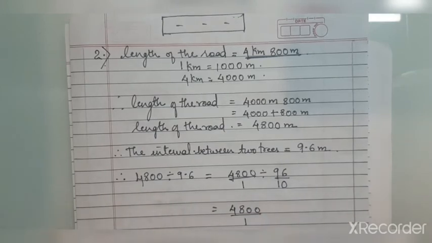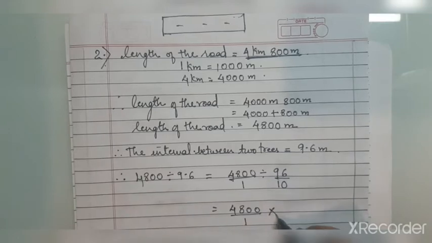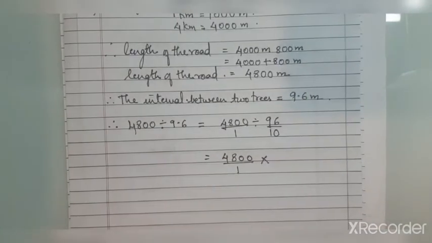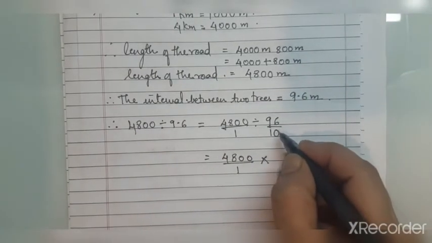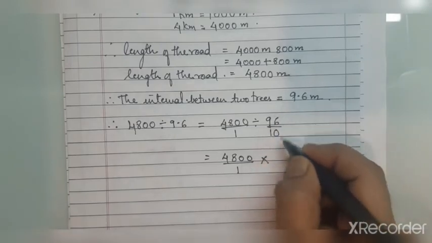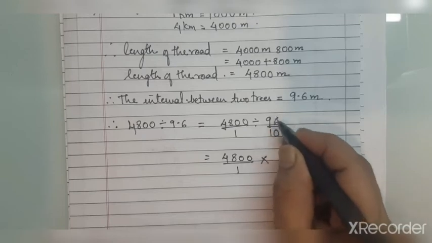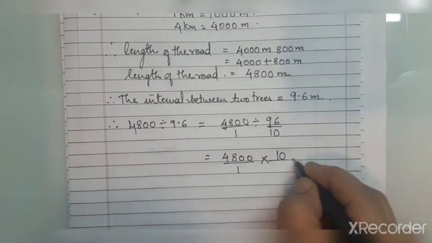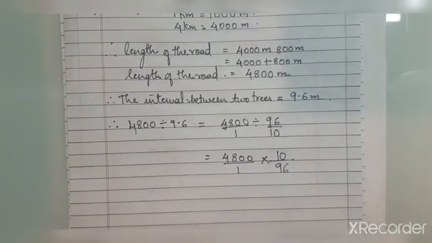We are converting this division to multiplication, and then we have to take the reciprocal of 96 upon 10, which becomes 10 upon 96.